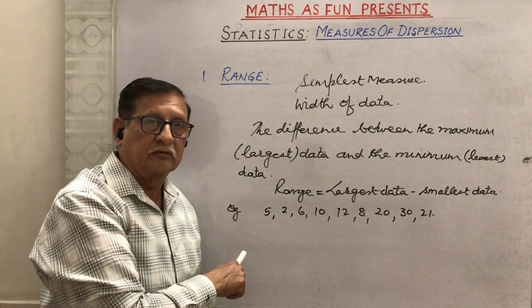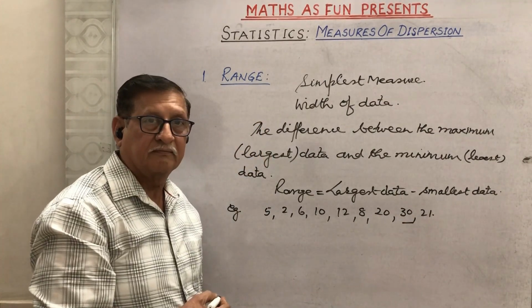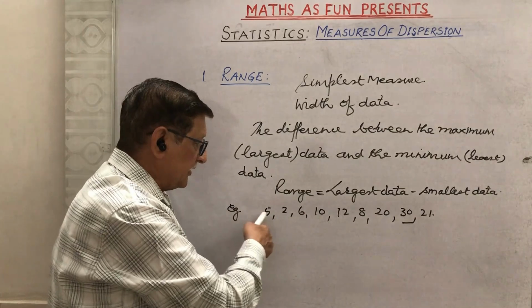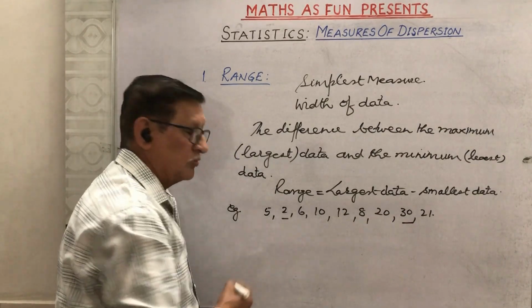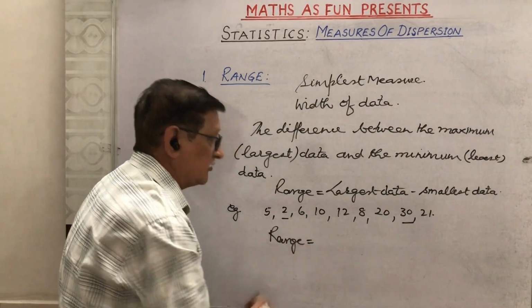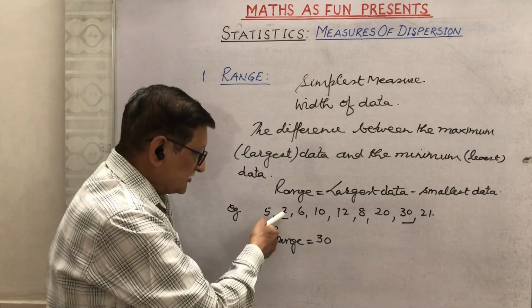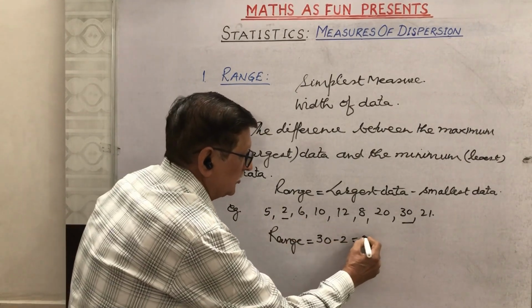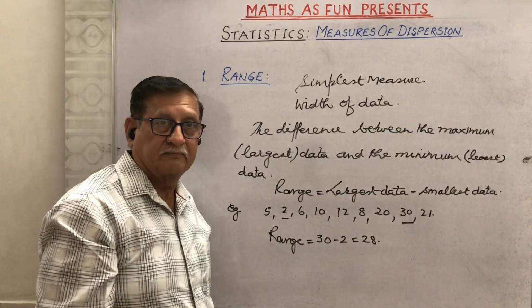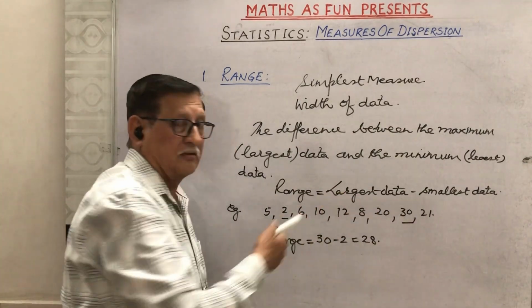What we find here? The largest data we are finding is 30. And the minimum data we are finding in this is 2. It means we can say the range is equal to the maximum data, that is 30, minus the least data, that is 2, this is 28. We can also say this is the width of the data.